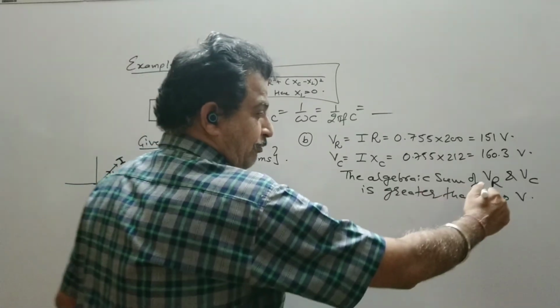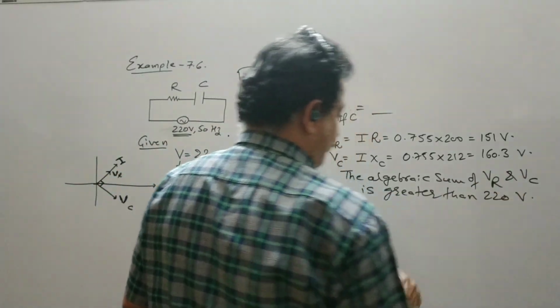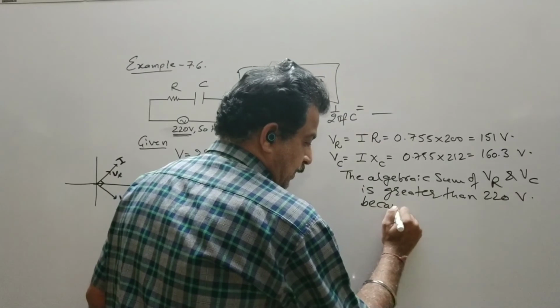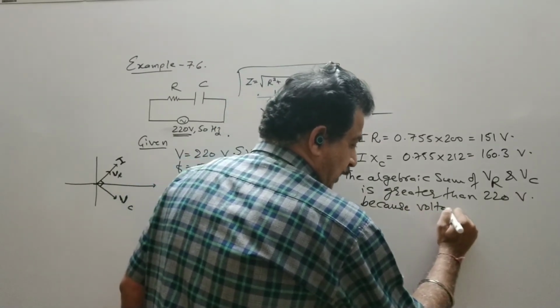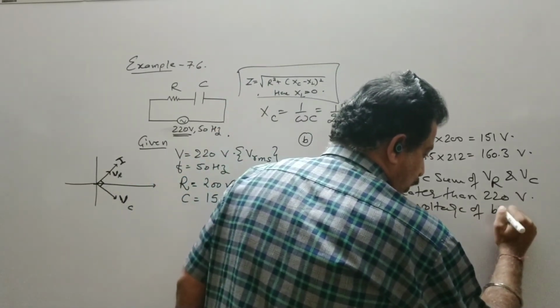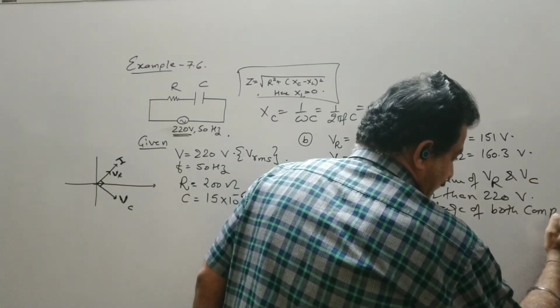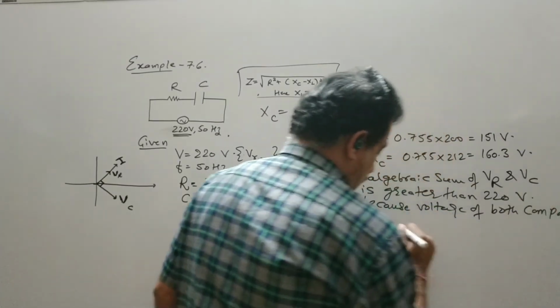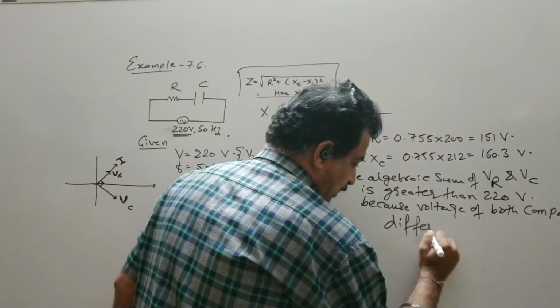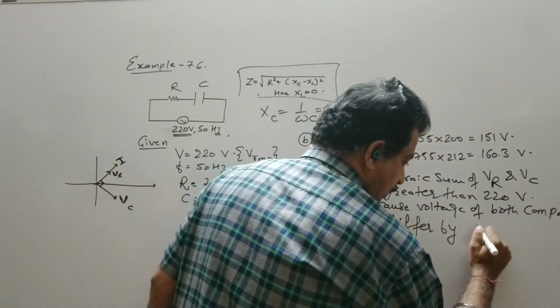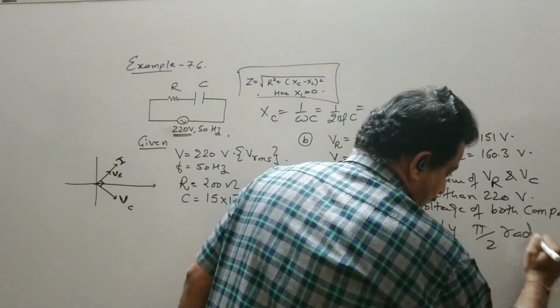So the algebraic sum of VR and VC is greater than 220 volt because voltage of both components differ by pi by 2 radian.